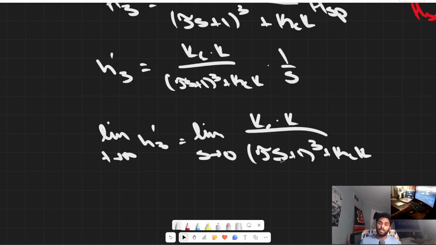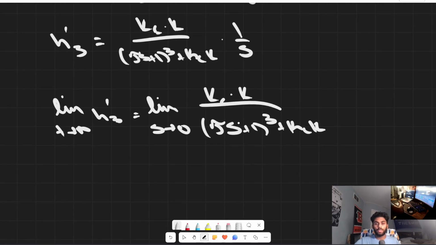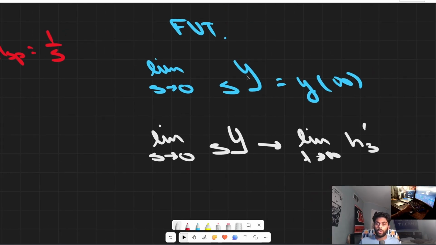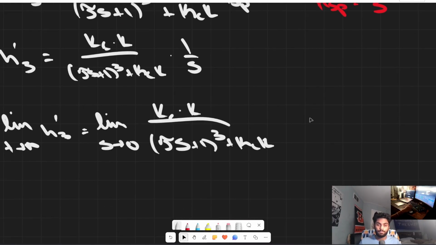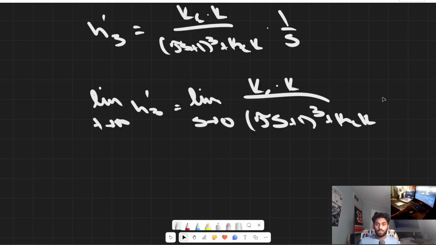If we go ahead and do that, the reason that we don't have the 1 over s anymore is because we've multiplied it over to this side to meet this requirement for the final value theorem. The only thing that has s is in our tau s term. So if that is 0, then this term equals 0, and we're left with 1 cubed, which is equal to 1.